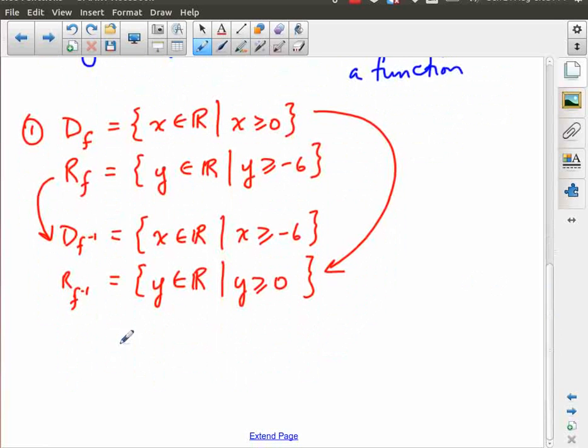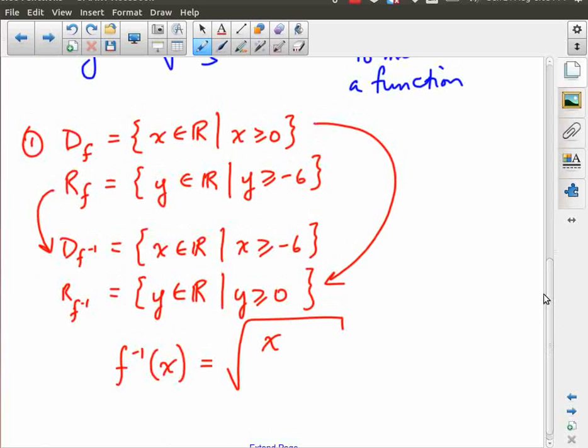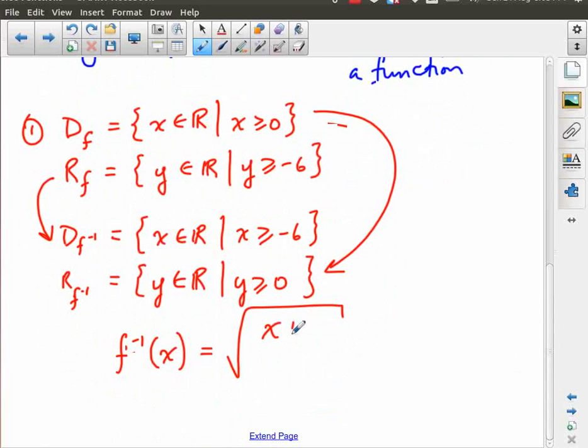So now I can say that f inverse of x is equal to the square root of x plus 6, divided by 3. But that is with this understanding that this is my domain and this is my range.